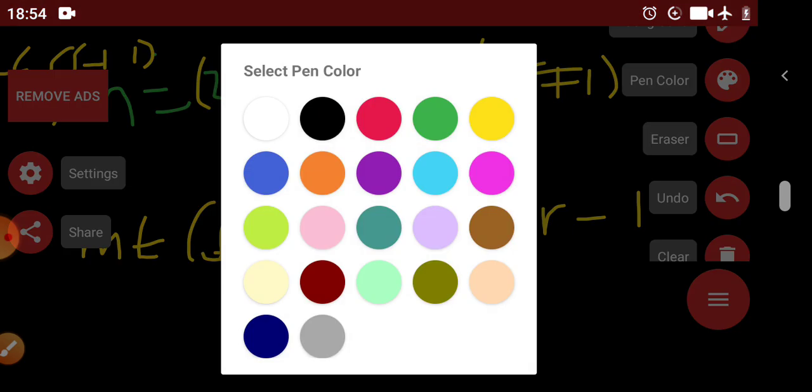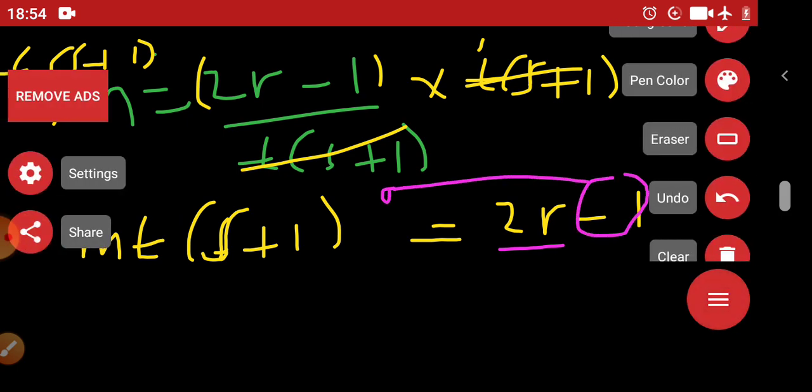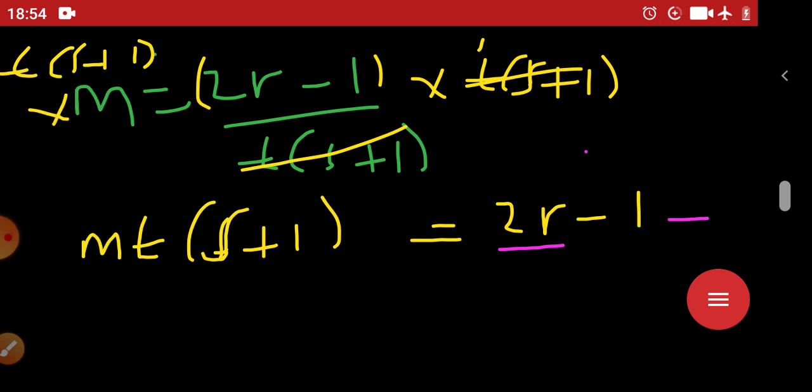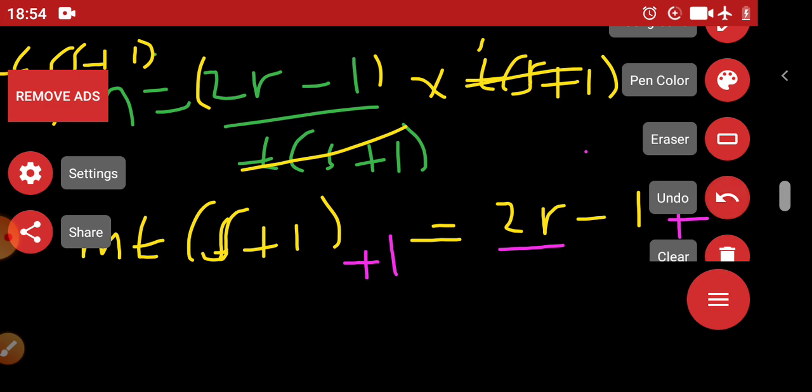A convenient way is to move this guy to that side. So how do we do that? We can add 1 both sides, such that this guy will be 0.